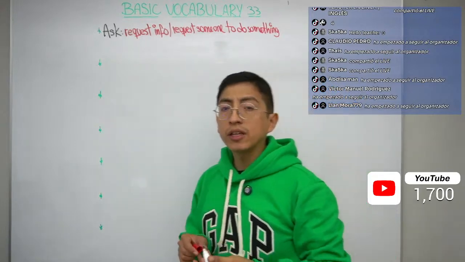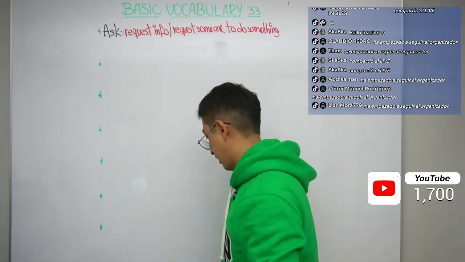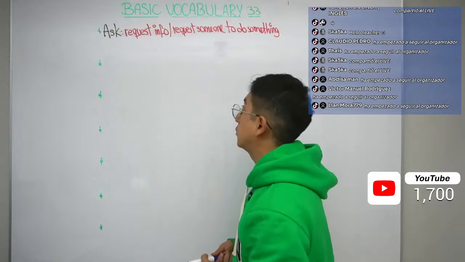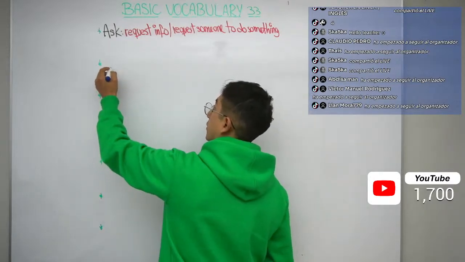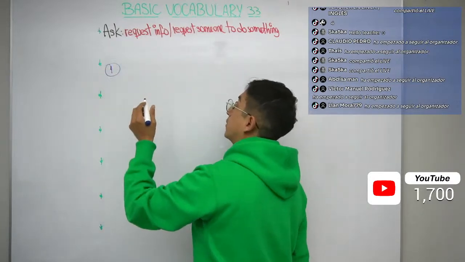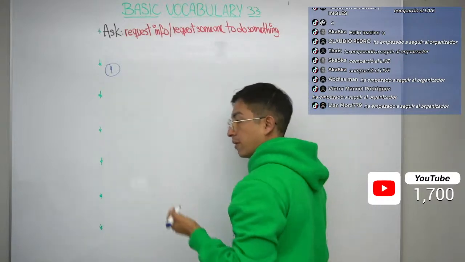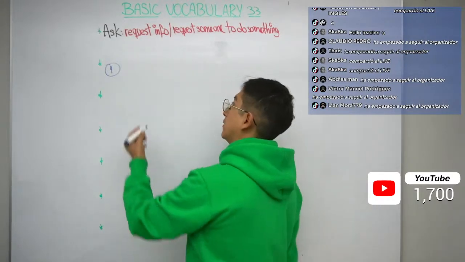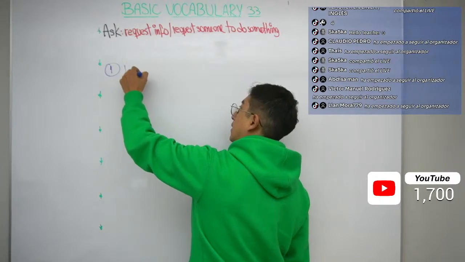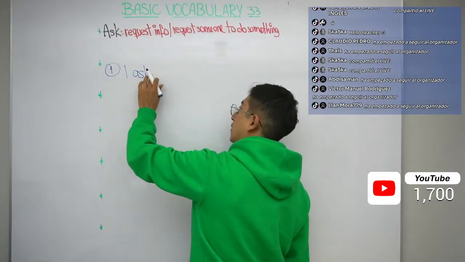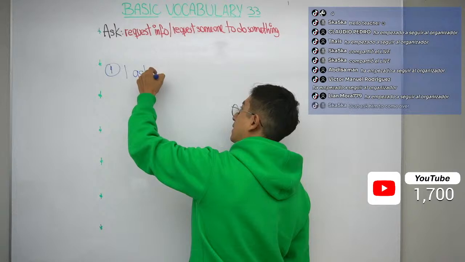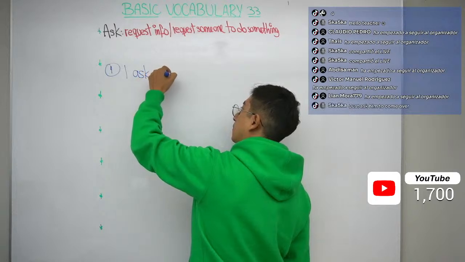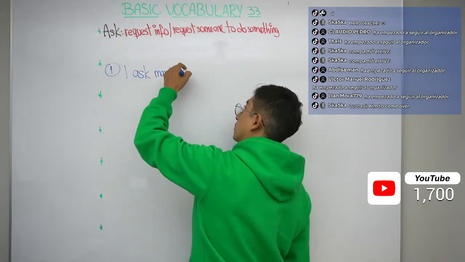So I'm going to give you some examples here, and it is going to help you to understand this much better. Number one, we have here to request information. So, for example, I can say, I ask many questions.